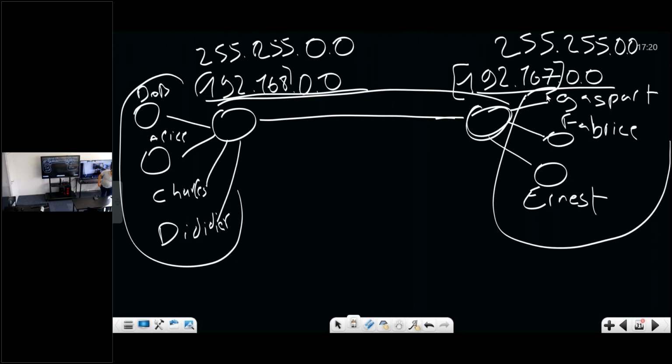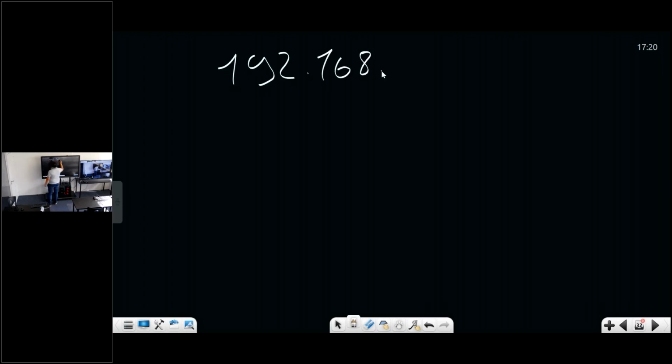Okay, so let's make a concrete example. The concrete example comes from the exam. I will just modify the values. I have my network IP, 30.20.0.0.